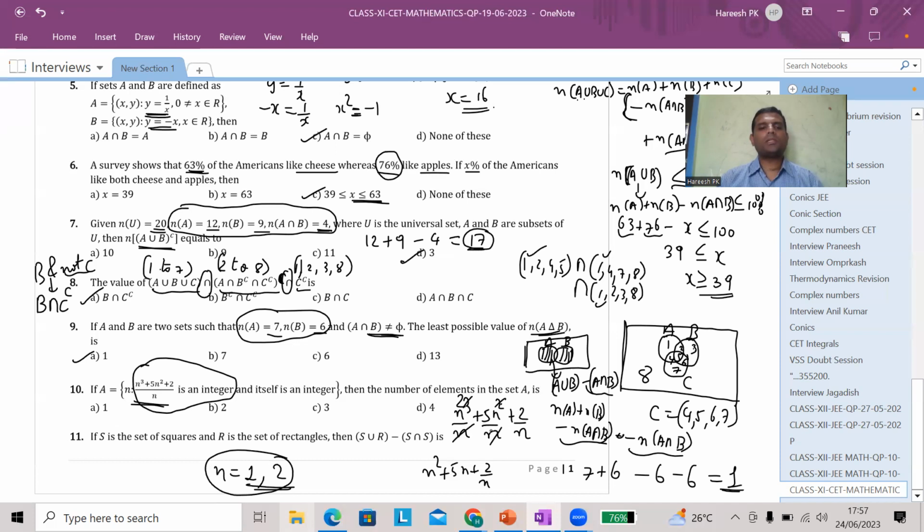So how many elements are there in set A? In set A, there are just 2 elements. One element you will get when you put n as 1, the second when you put n as 2. Because if you start putting 3, 4 and so on, this term won't be an integer. These two are already integers, but the last term needs this.